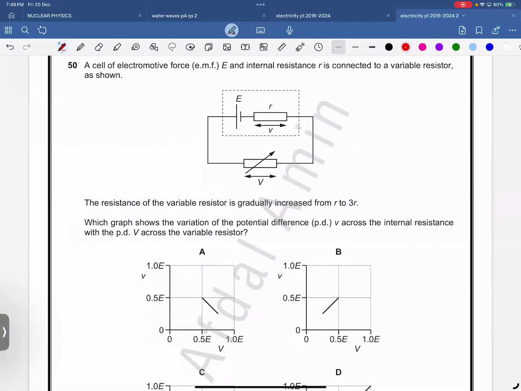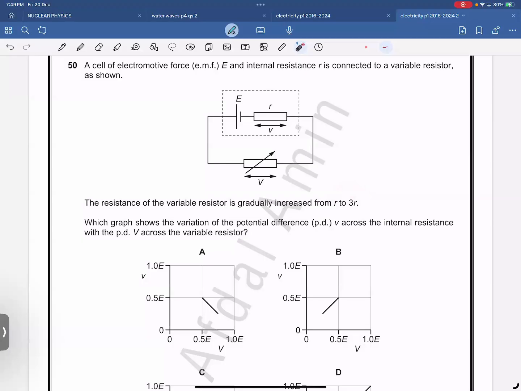Question number 50. A cell of EMF E, internal resistance R, is connected to a variable resistor. The resistance of the variable resistor is gradually increased from R to 3R.